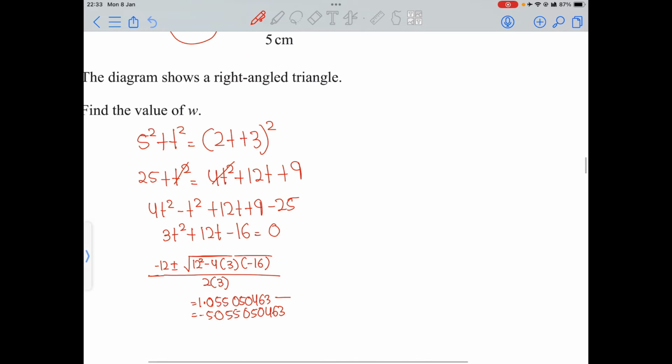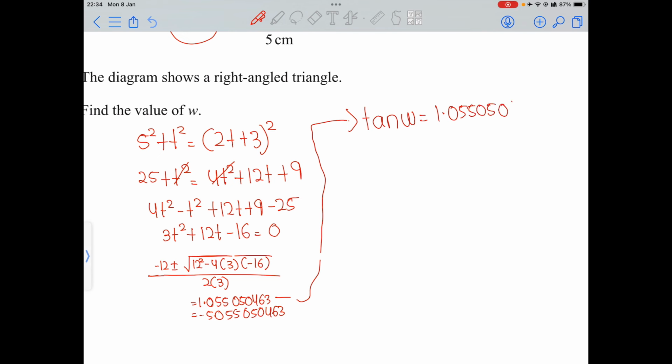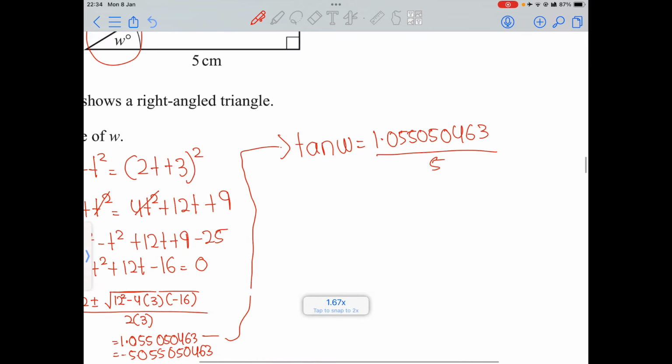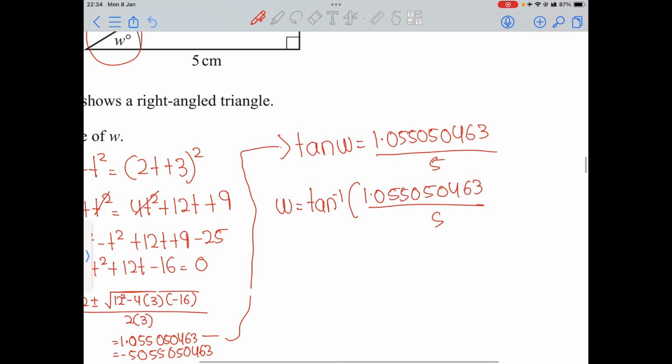Now continuing from here, tan w is equal to the opposite, which is t, 1.055050463, divided by 5. So w equals tan inverse of 1.055050463 divided by 5.